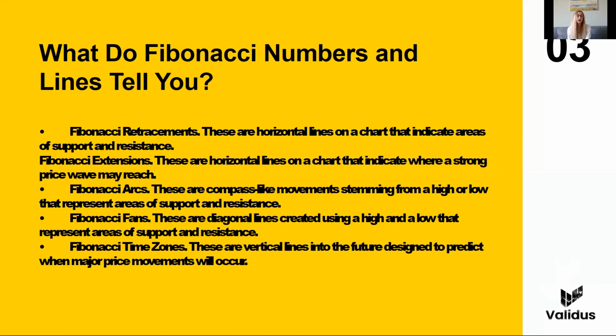So we will have a look at each one of these tools in a moment. Fibonacci retracements are the most common form of technical analysis based on the Fibonacci sequence. During a trend, Fibonacci retracement can be used to determine how deep a pullback could be.